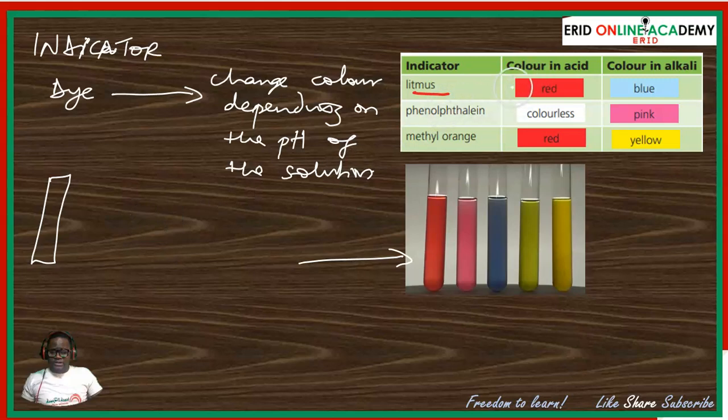Litmus shows a red color in acid and a blue color in base. Phenolphthalein is colorless in acid and has a pink or red color in alkaline. Methyl orange is red in acid and yellow in base.